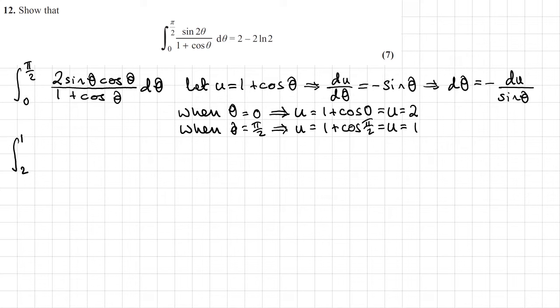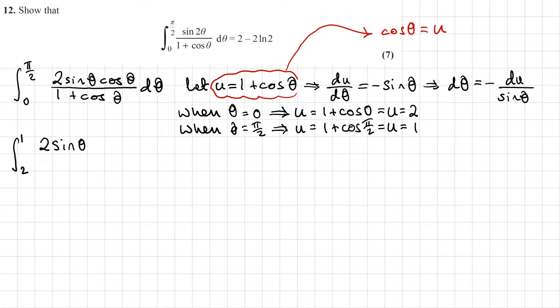And then we've got 2 sine theta, and then the cos theta. Let's have a look. There's more substitution to do as well. If I take this and rearrange it to make cos theta the subject, cos theta is equal to u minus 1.